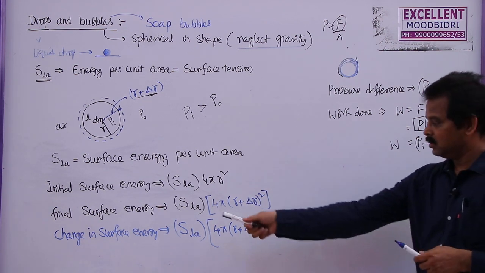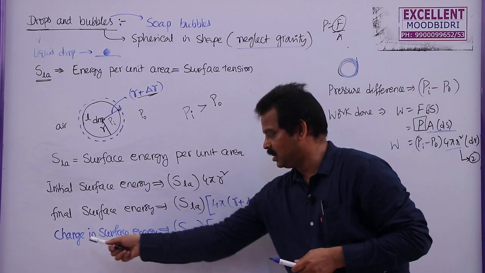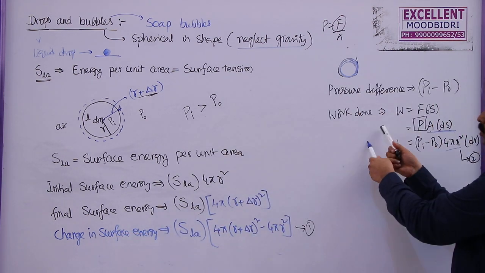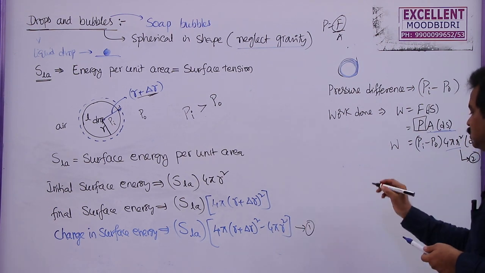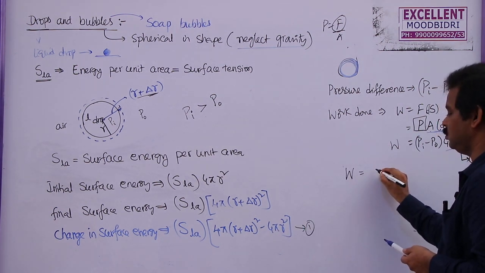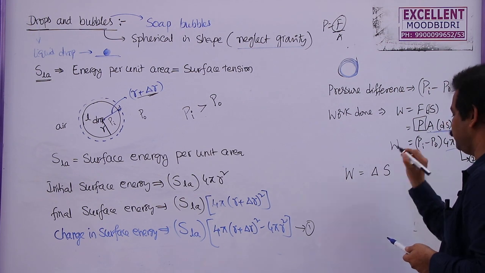We know that the surface energy has increased due to this work done. According to the work energy theorem, this work done must be equal to the change in energy. So work done is equal to change in surface energy.